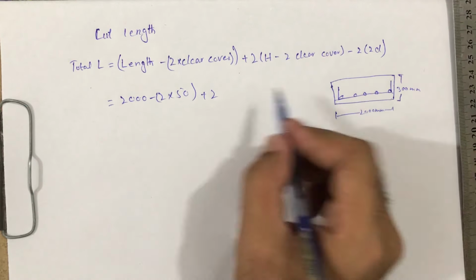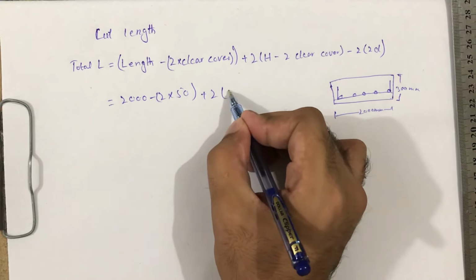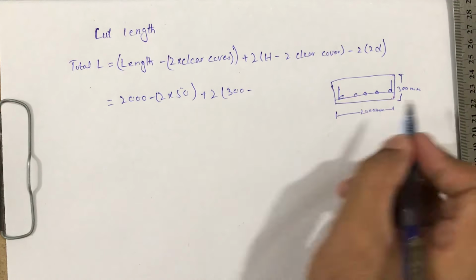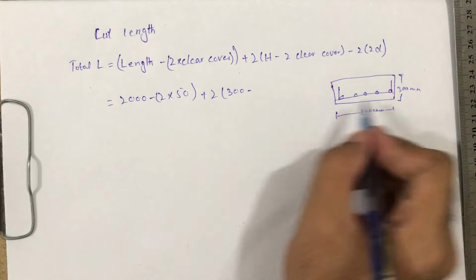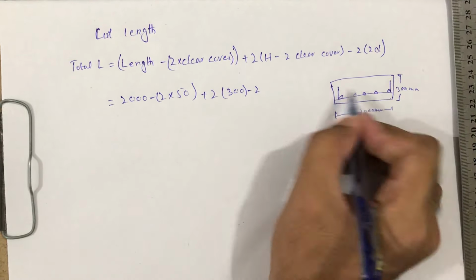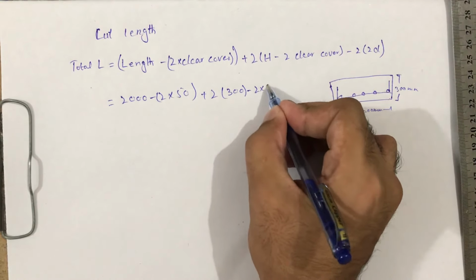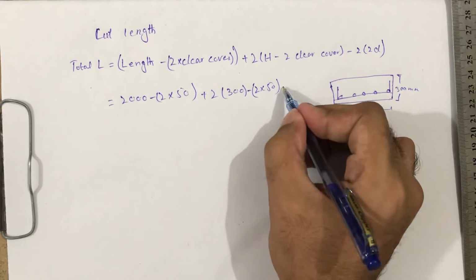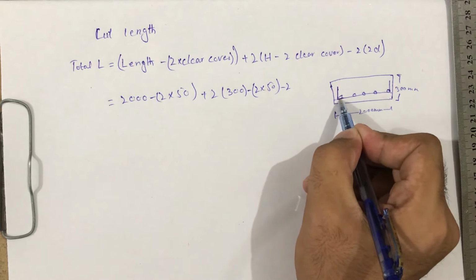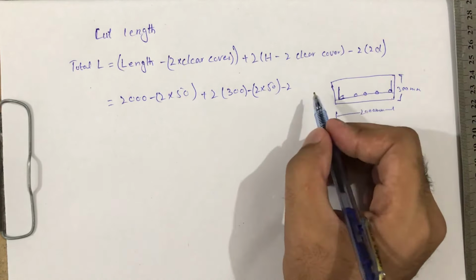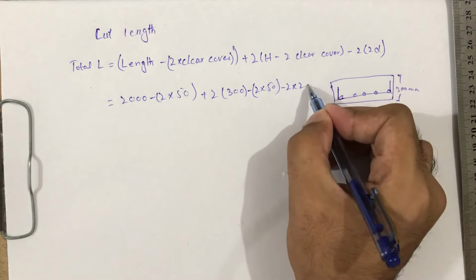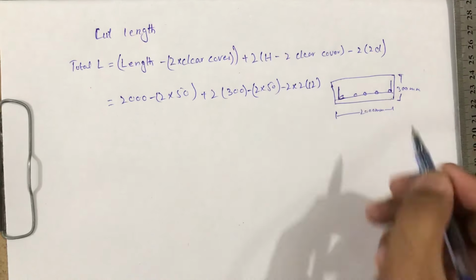So the height is 300 minus clear cover. Clear cover is 50, so 2 into 50, minus 2. The bend is a 90 degree angle. So we will deduct 2 into 2D, mean dia of bar, which is 12 mm.